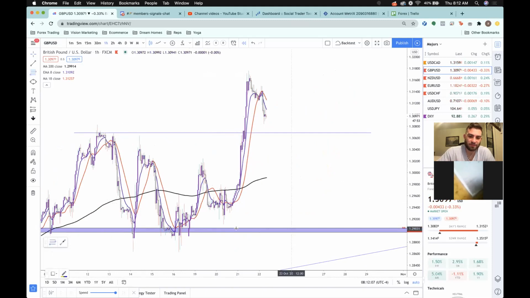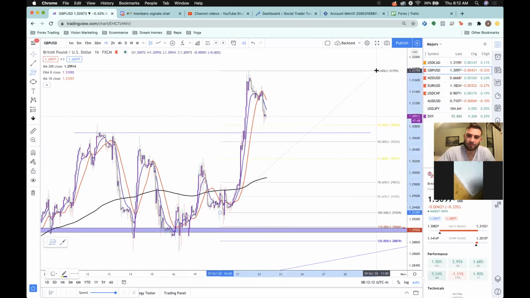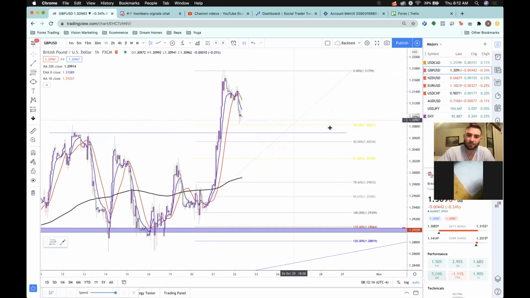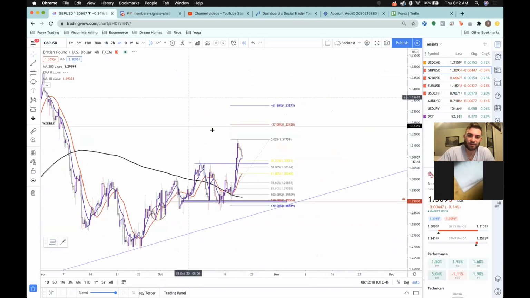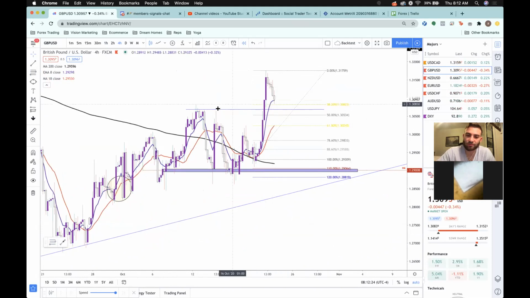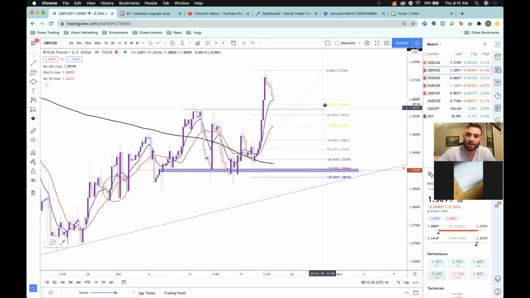I'm just going to fib this from this low to this high. So as we can see, we're coming back to test this support level. I'm even going to hit up to the 4 hour. This will be a little bit cleaner. So we're coming back to this support level, resistance now turns support, and there is a potential opportunity here for a reversal.